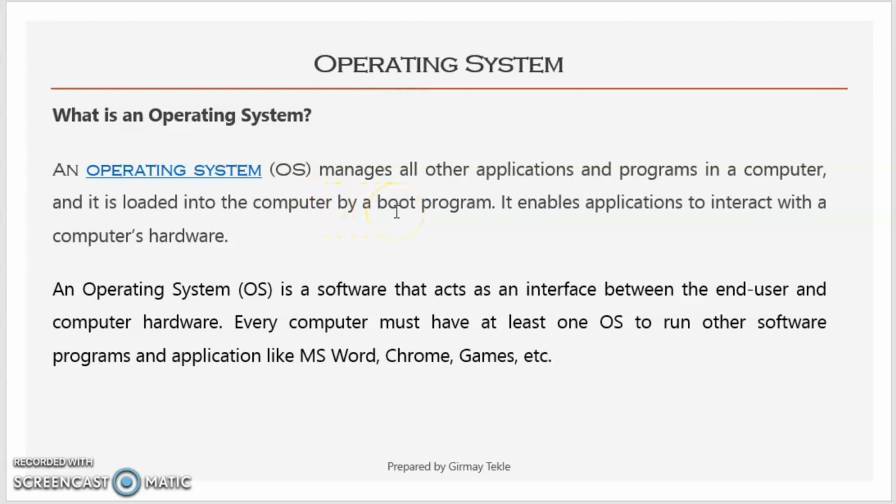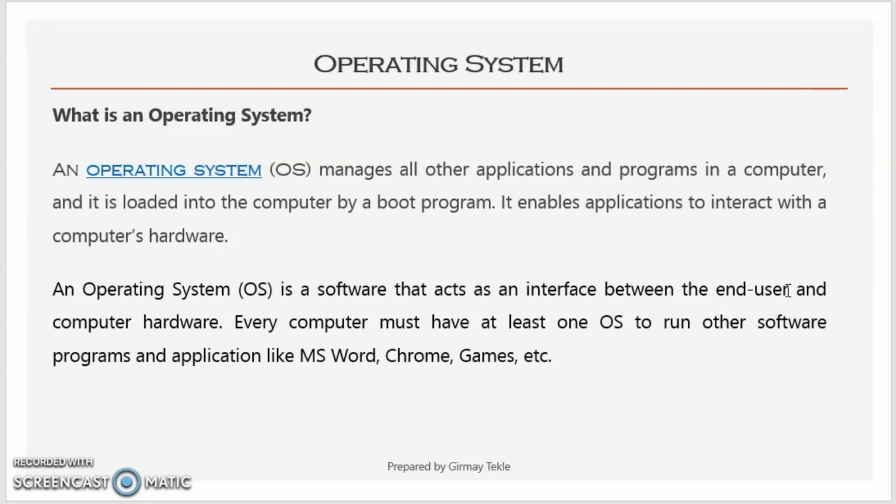In general, an operating system is software that acts as an interface between the end user and the computer hardware. It is used to interact with the machine, as simple as this. Without the operating system, we will never interact with the machine in total.